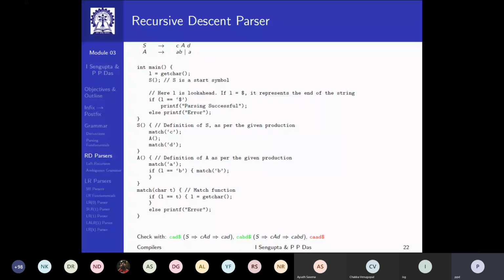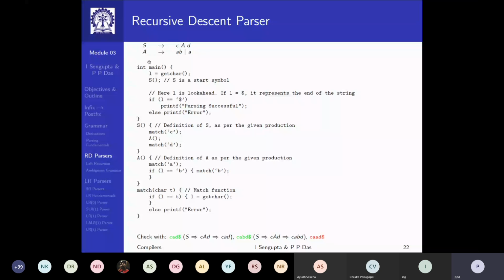So let's take a grammar here. Without actually getting into an explicit quadruple description of the grammar with terminals, non-terminals, start symbol, and production rules, we are just writing the production rules.